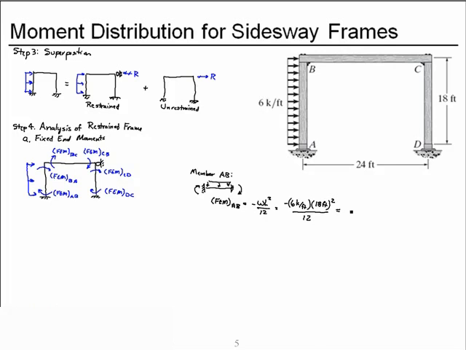Put that together, we get a minus 162 foot kips, where clockwise would be positive. At the other end of that column, it's a positive omega L squared over 12. And so that's positive 162 foot kips.